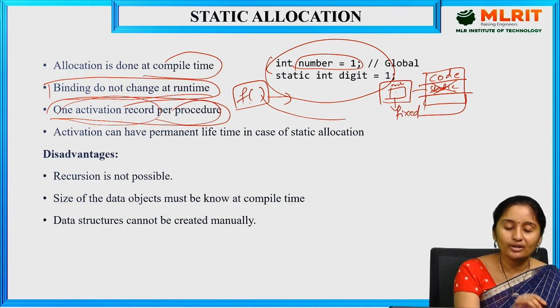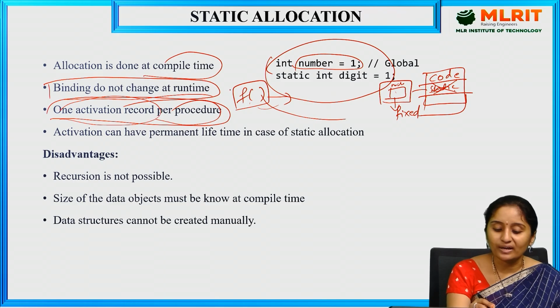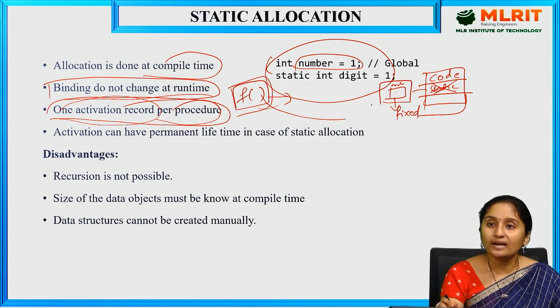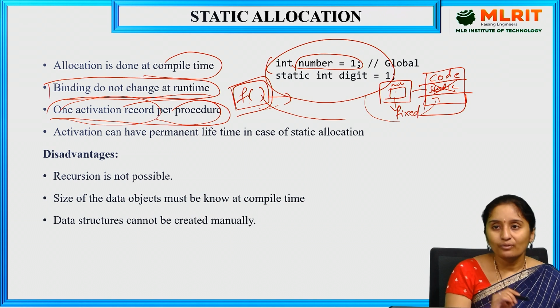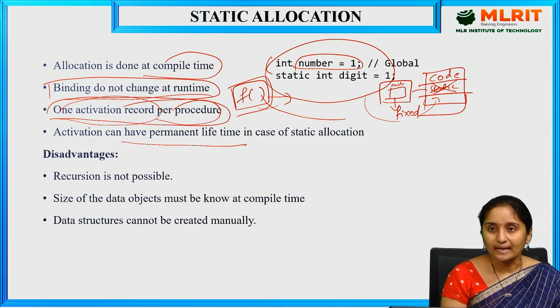What the activation record does is, when a function call is done, it goes to the definition, where this procedure exists, and it executes, and all those things are stored over here. Once the definition is completed, it is deleted and control comes back to the function. Activation can have a permanent lifetime in case of static allocation.